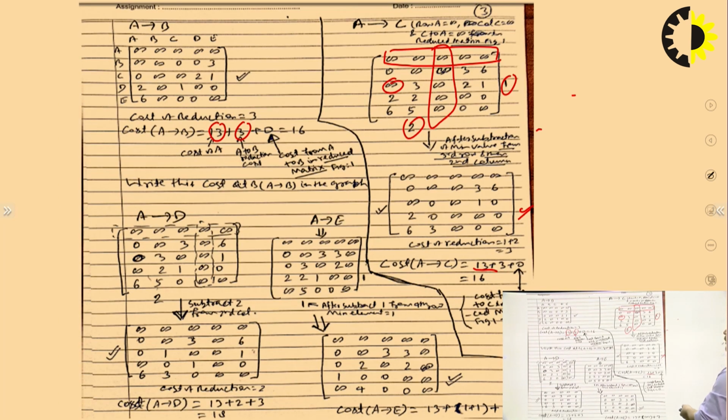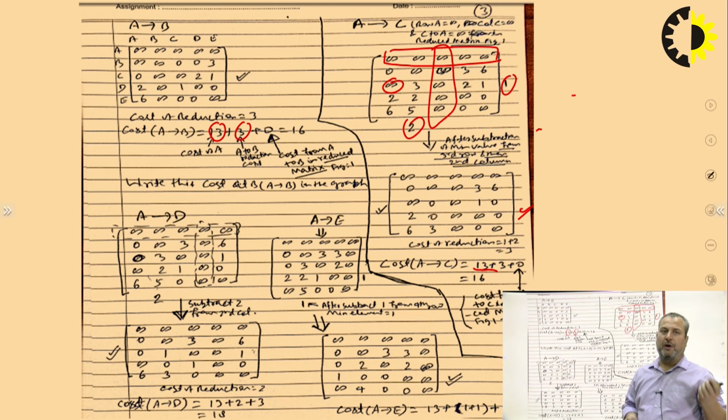Similarly, from A to D, we will get this. Okay. So for A to D, what will we do? Row A, meaning the first row, will be infinite. Column D, meaning the fourth column, will be infinite. And we will check whether it is reduced or not. If it is not reduced, we will check that either all the row must be infinite or at least one 0.